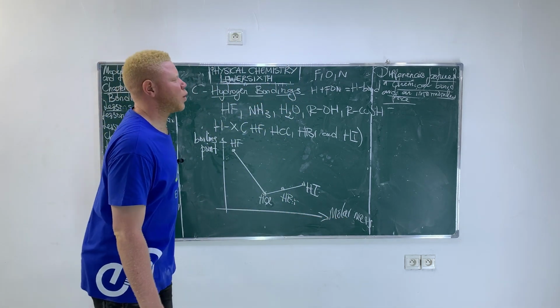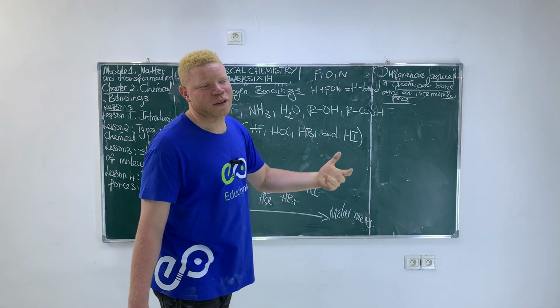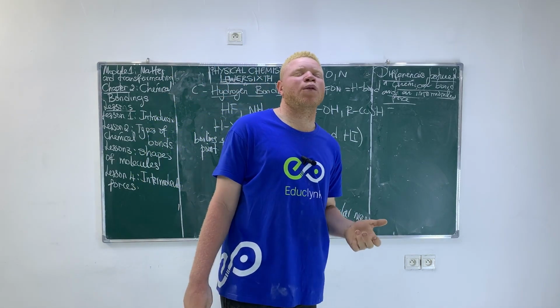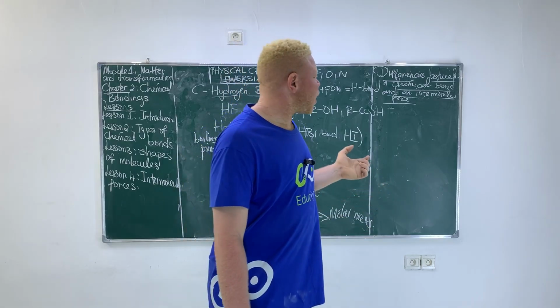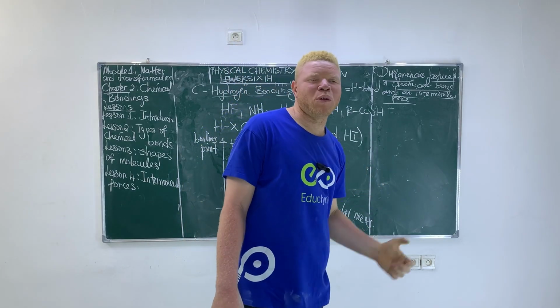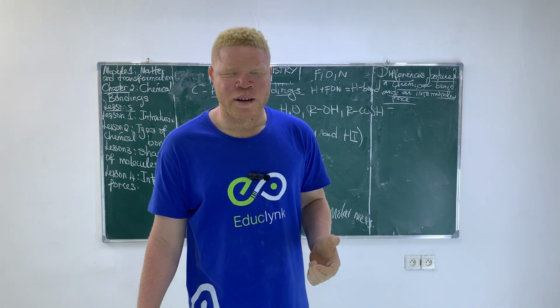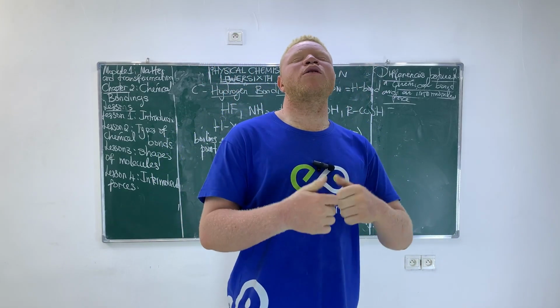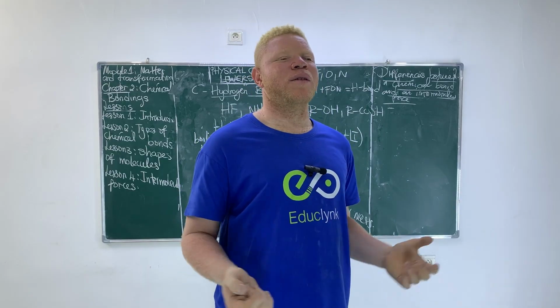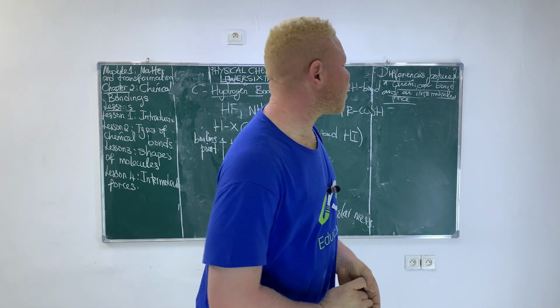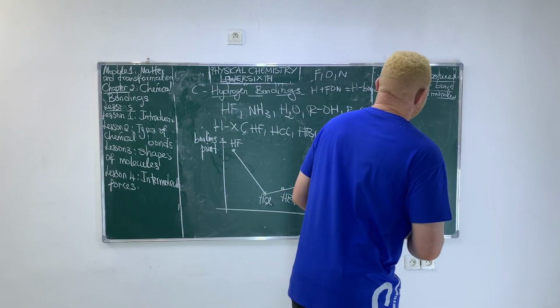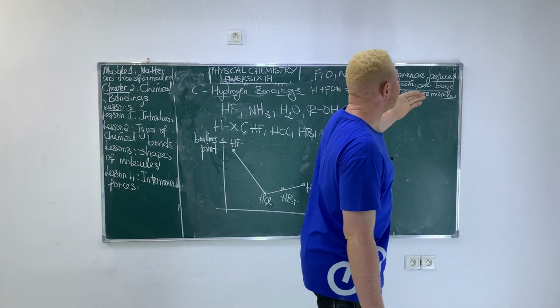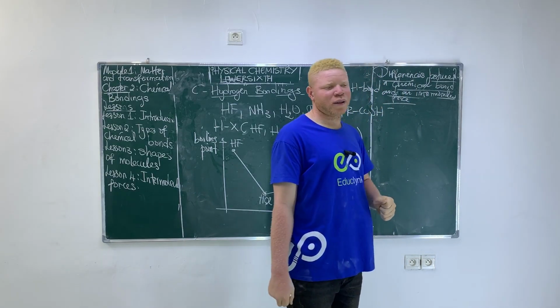Under the intermolecular forces, we saw the van der Waals forces, which is the weakest electrostatic force of attraction. After van der Waals forces, we had dipole-dipole attraction. After dipole-dipole attraction, we went forward to see hydrogen bondings, which is obviously the strongest intermolecular force. We ended our class of today with the differences between a chemical bond and an intermolecular force.